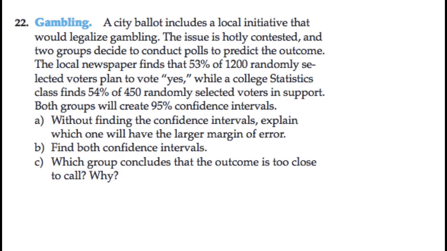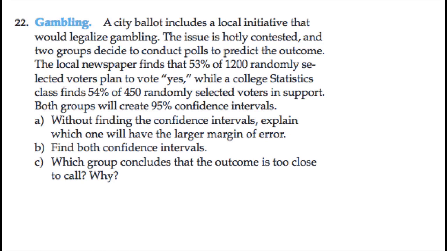Gambling. A city ballot includes a local initiative that would legalize gambling. The issue is hotly contested, and 2 groups decide to conduct polls to predict the outcome. The local newspaper finds that 53% of 1,200 randomly selected voters plan to vote yes, while a college statistics class finds that 54% of 450 randomly selected voters are in support.